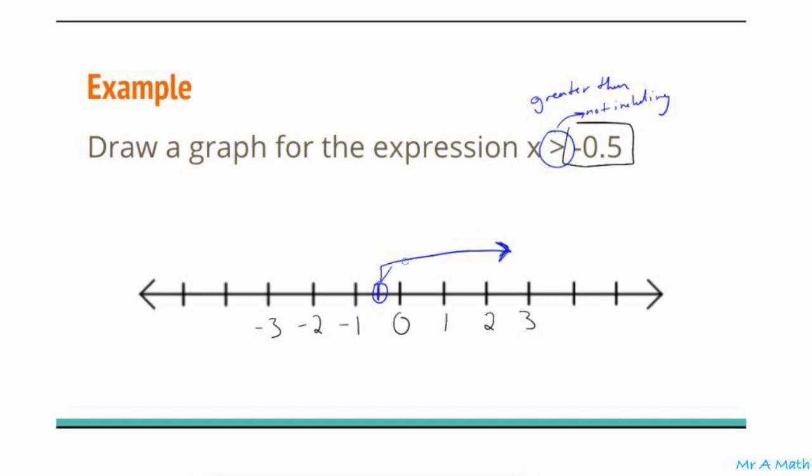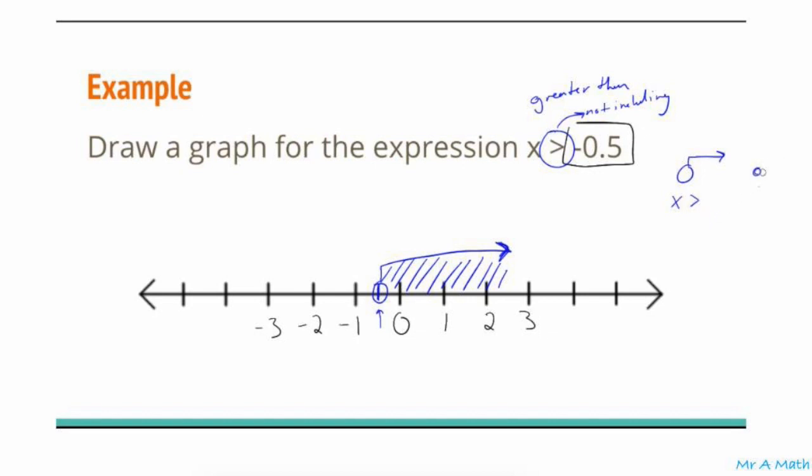And then I'm going to shade the regions that my inequality occupies. I am not going to shade in the portion inside the circle because if I look over here, an open circle refers to x is greater than that number.